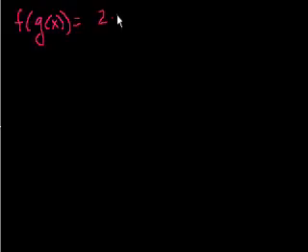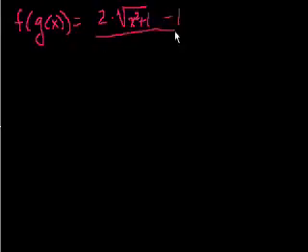So the problem's this. f of g of x, I hope I get this right, is equal to 2 times the square root of x squared plus 1 minus 1, all of that over the square root of x squared plus 1 plus 1.